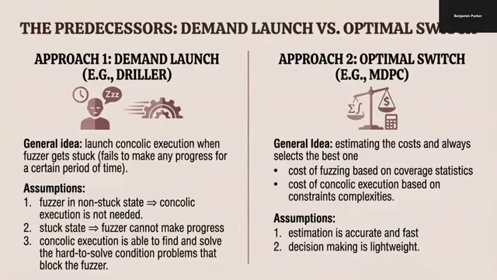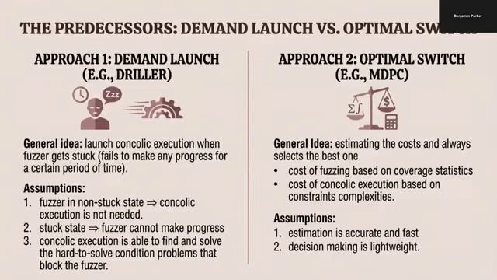Another approach that was explored was also the optimal switch method employed by research done with MDPC. Here's the idea. Instead of always launching the concurrent execution, you estimate the cost of running either one on any given branch, and then choose whichever one has the lowest cost.